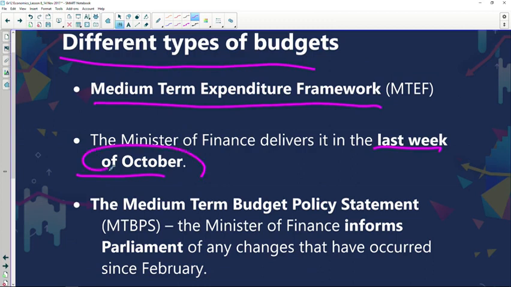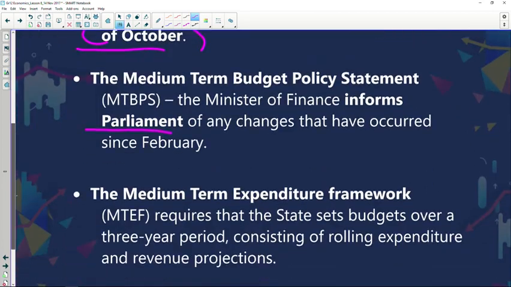And then we also have the medium-term budget policy statement. The Minister of Finance informs Parliament of any changes that have occurred since February. So remember, in February, the Minister of Finance will be in Parliament. He will deliver his national budget speech in Parliament.